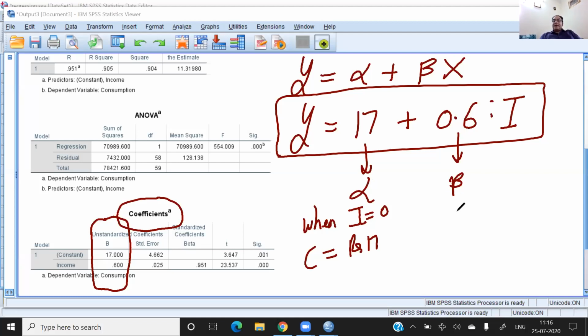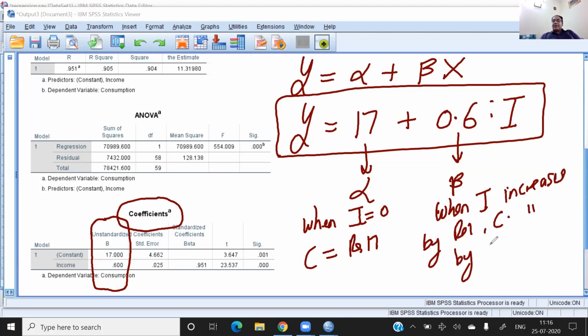And what is beta here? Beta is equal to 0.6. It means when income increases by ₹1, consumption increases by 60 paisa.